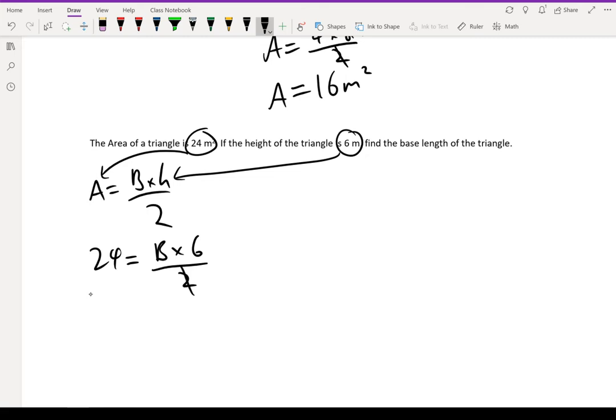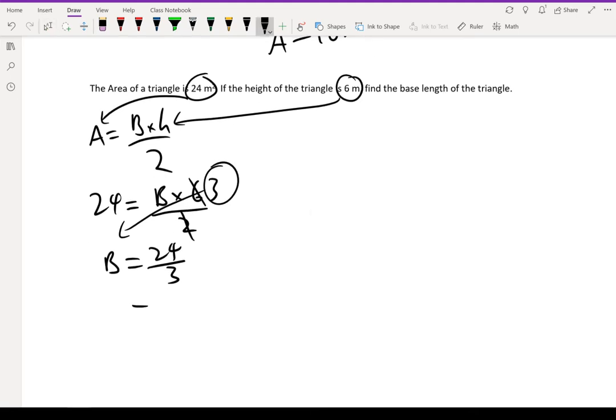I can simplify 6 and 2, that becomes 3, and then I can use cross multiplication to bring the 3 down to the other side. And so the base is equal to 24 over 3, which is 8 meters. Okay, so the base is 8 meters. 24 divided by 3 is 8.